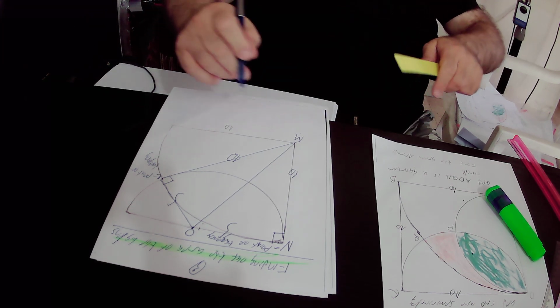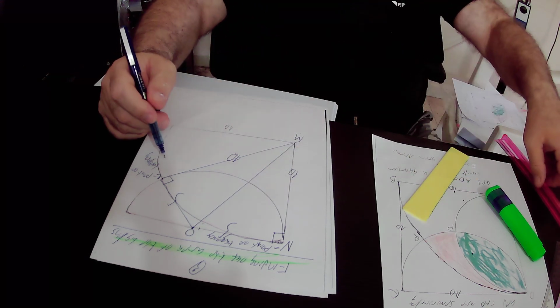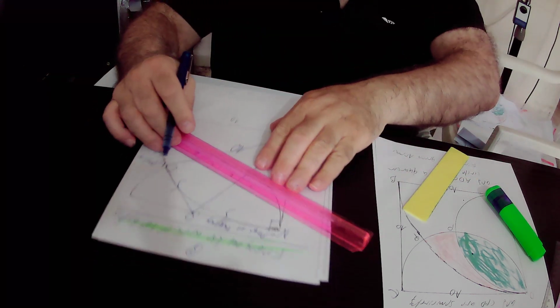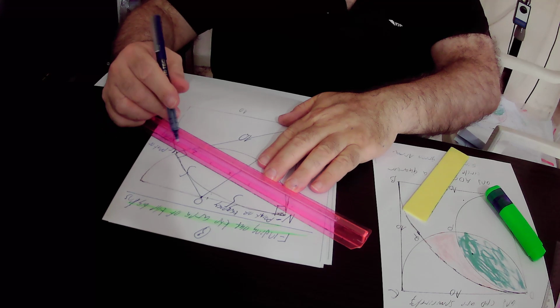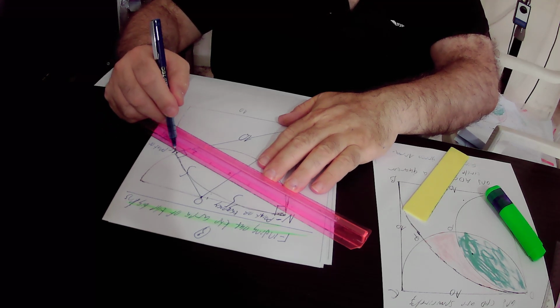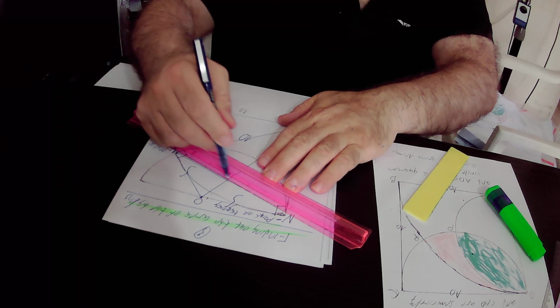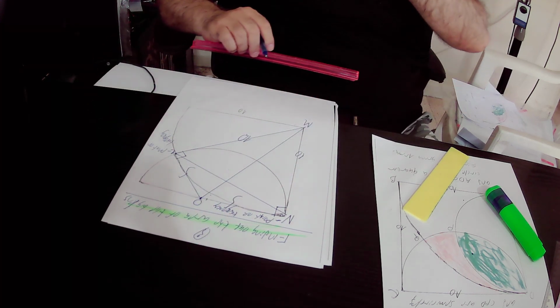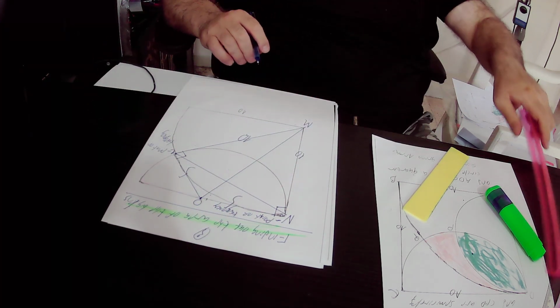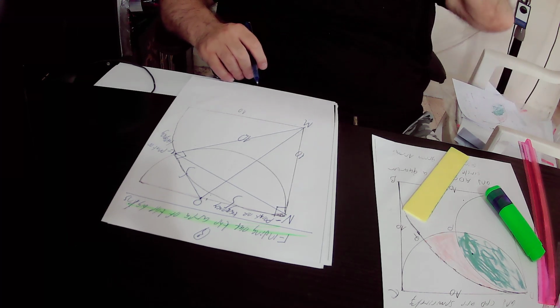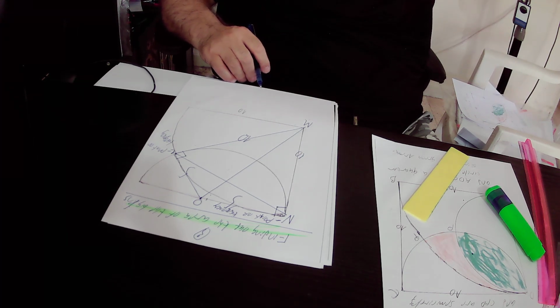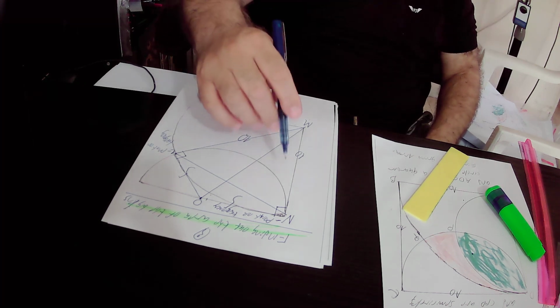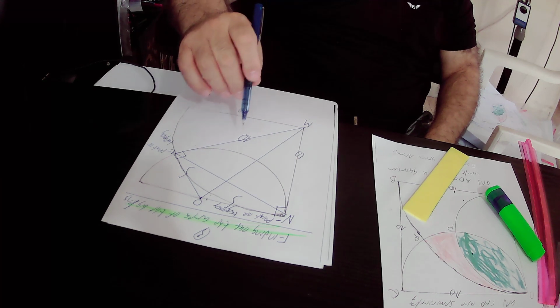Here we will join points N and L together by a straight line. So the straight line NL divides the big lens into two parts.